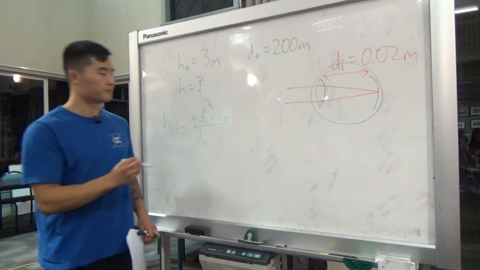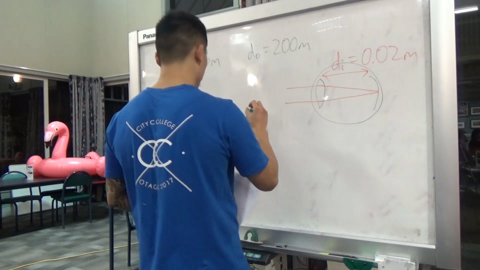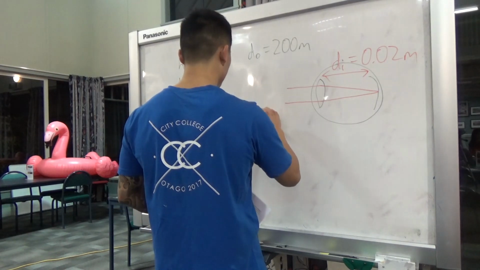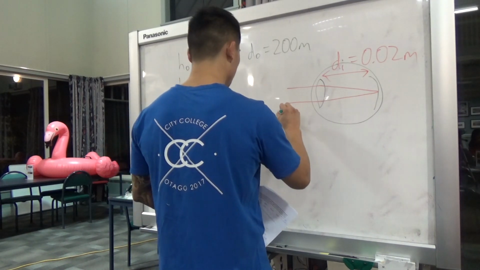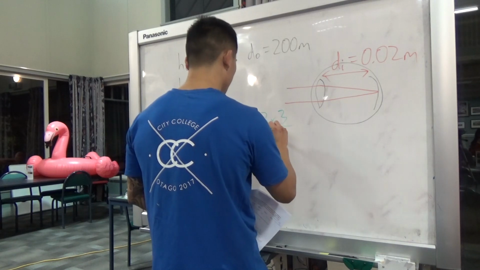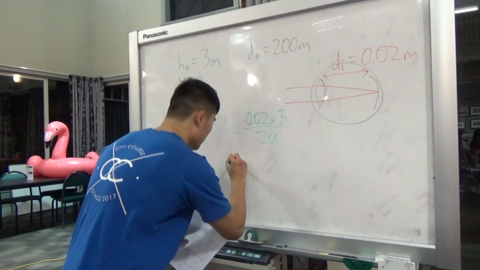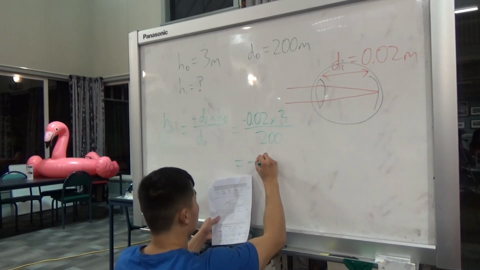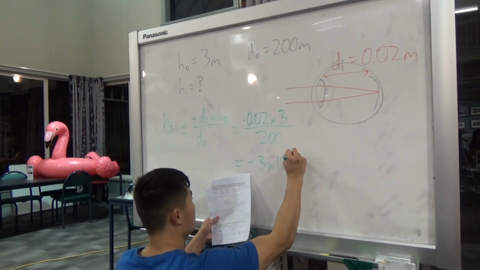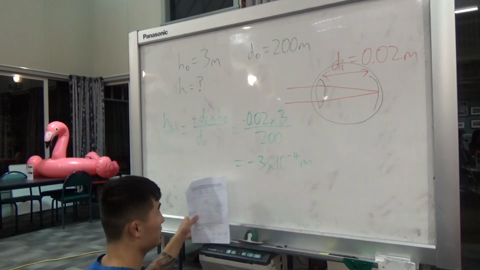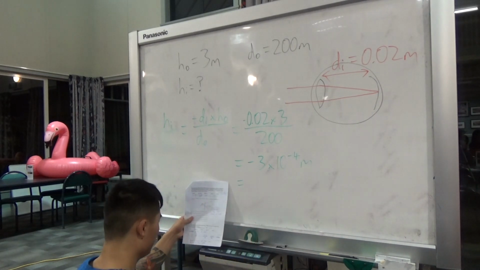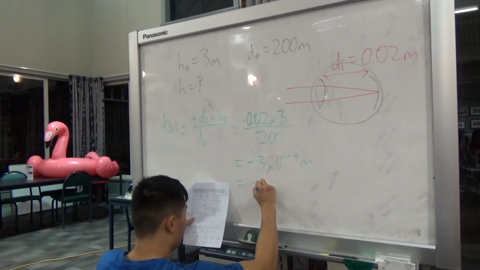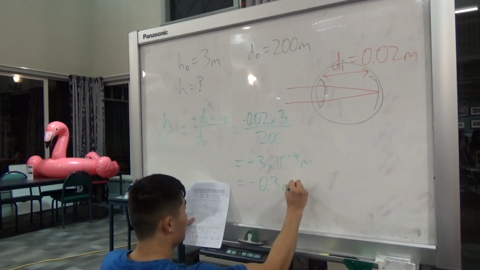So it's the negative DI, which is negative 0.02, times the height of object, which is 3, divided by DO, which is 200. And that will give you negative 3 times 10 to the negative 4 meters, okay, so turn that into millimeters, which is negative 0.3 millimeters.